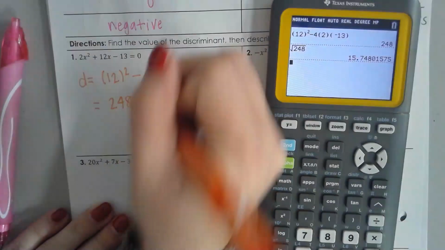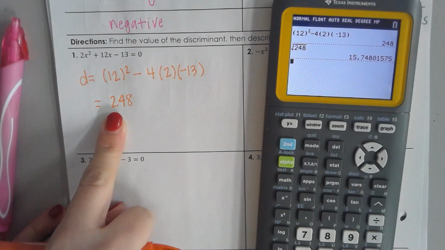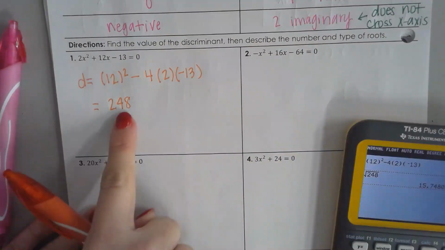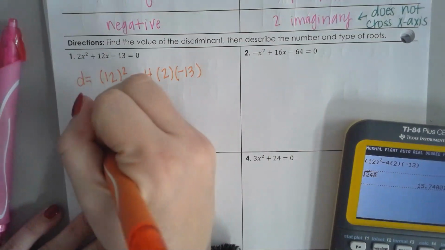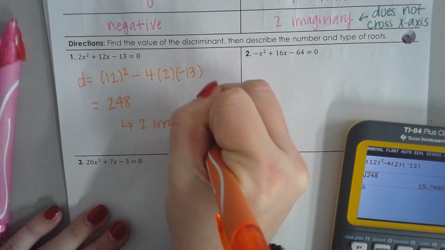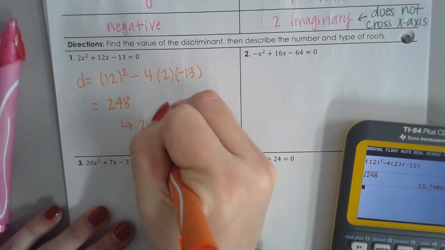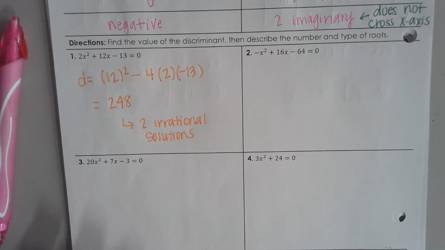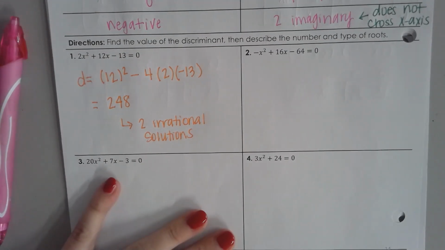So if I say what is the discriminant, given the x-intercepts, it's positive, it's not a perfect square, we would say 2 irrational solutions, or x-intercepts, or roots, or zeros. Any questions?